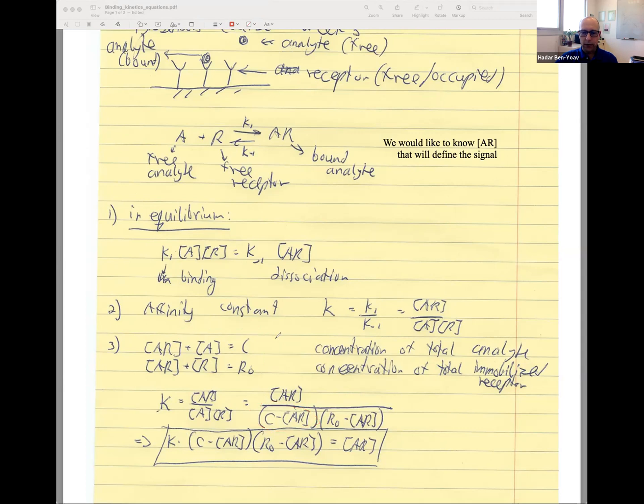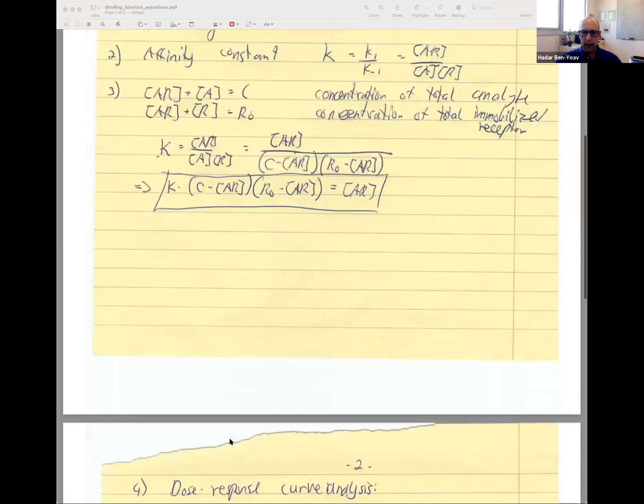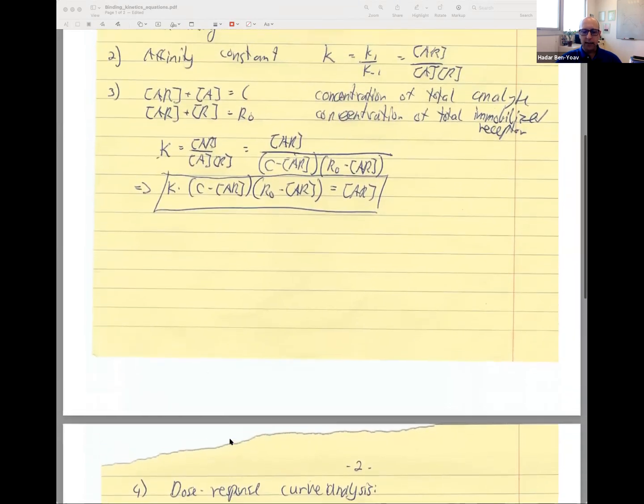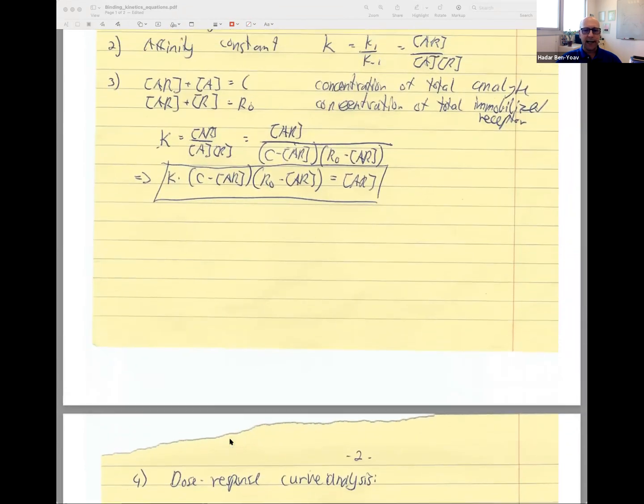Now let's see what we're doing with that. And remember, we want to know what AR equals. So we're going to isolate AR on one side and see how it looks. And for that, let's take two different cases.